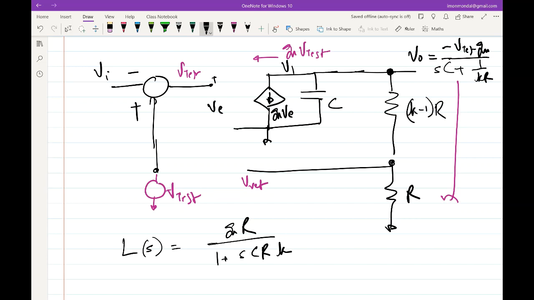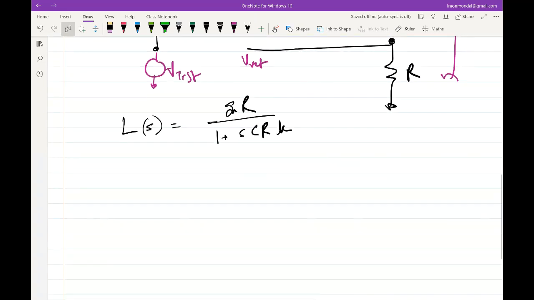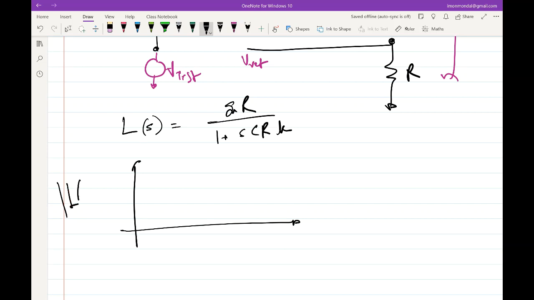So what is the DC gain of this loop? GMR. And what was the DC gain of the earlier integrator, when I had another voltage controlled voltage source buffering this VCCS? It was infinite, right? So now if I have to sketch this on a Bode plot, what will it look like?